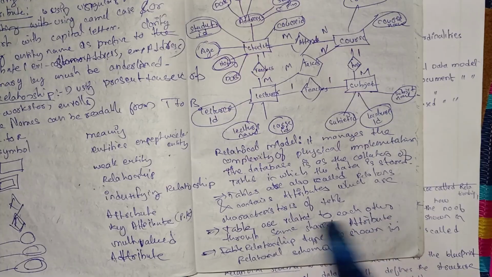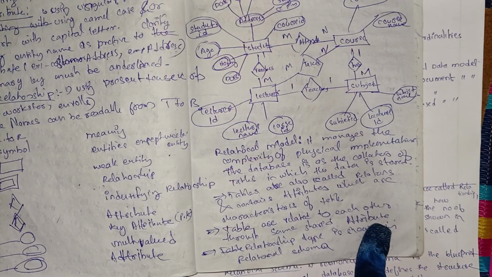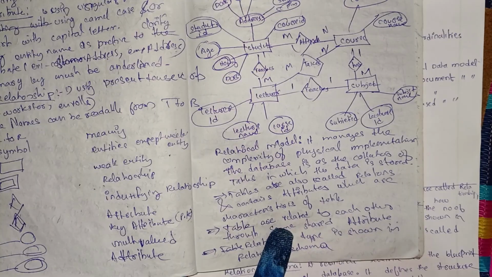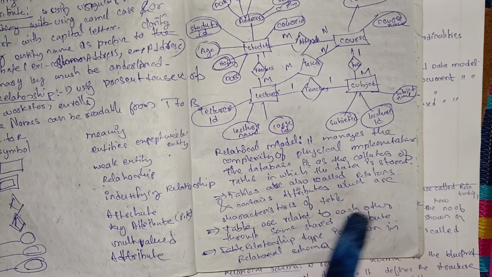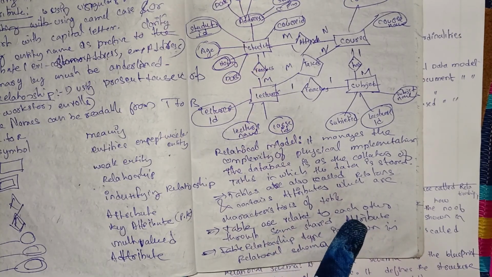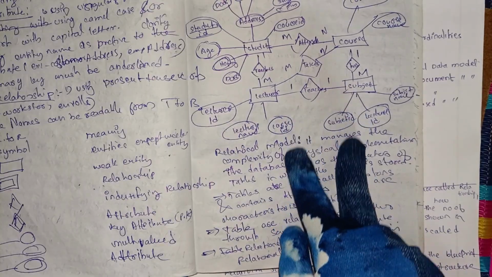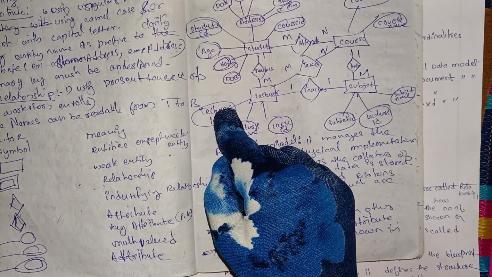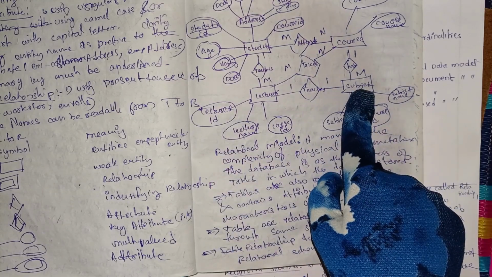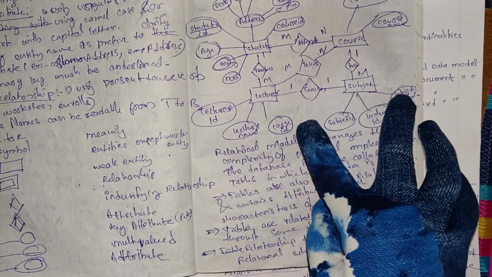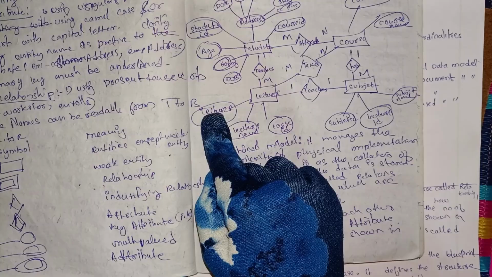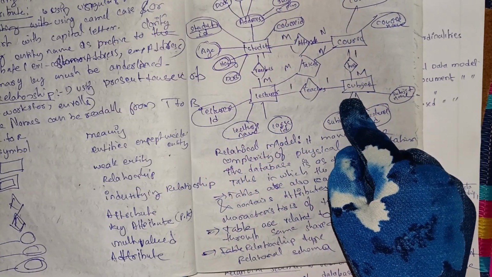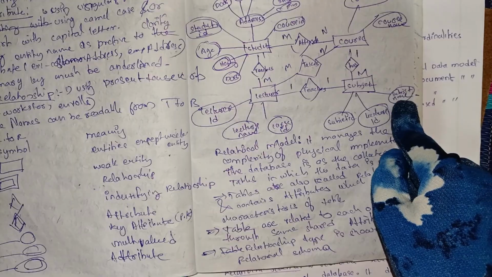Tables are related to each other through the same shared attribute, meaning through the same column. Consider a student table and a course table. The student table has student name and student ID, and the course table has course ID and course name.